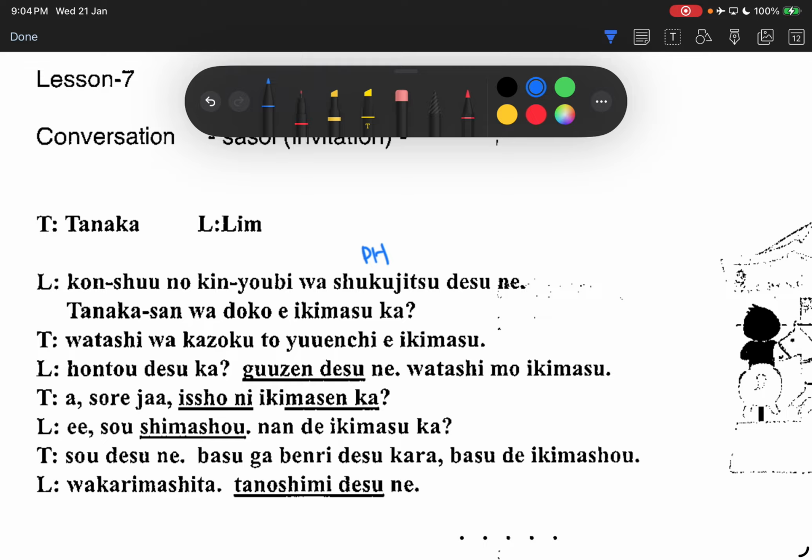The person has an even more flexible choice to choose whether he wants to go or not. So ikimasen ka is the strongest way to invite someone to do something with you. Right, so the negative way is the best way to invite someone.